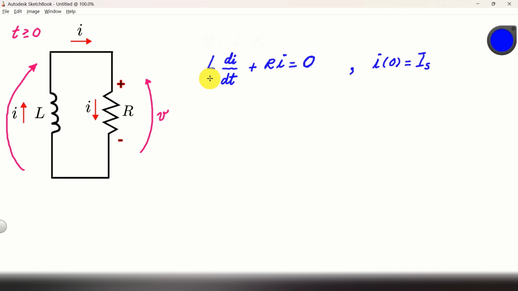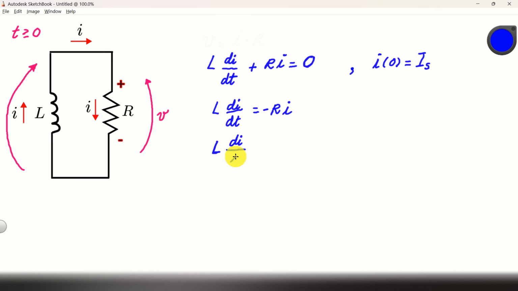So let's do that. First of all, to integrate this equation, let's write it again in its first form. Here I'm just moving the term Ri to the right hand side. And then I can separate the variables. I can do this, L di, and then I can take this I and put it in the denominator on the left hand side.